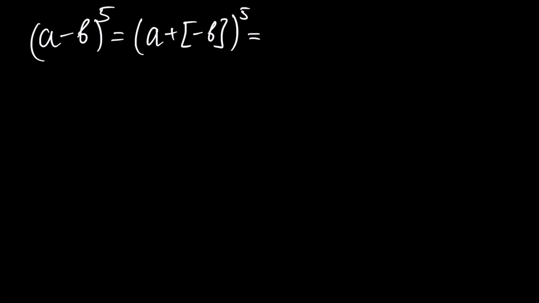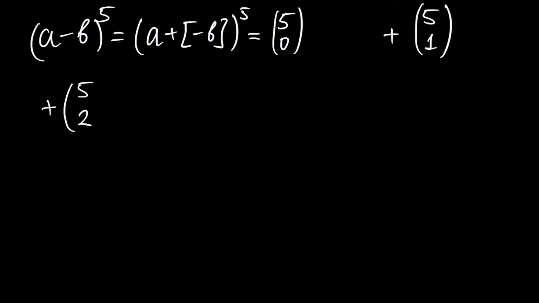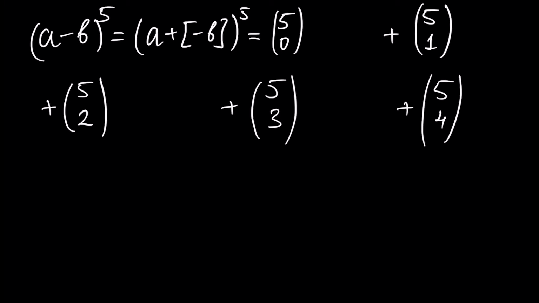First, let's write coefficients of our Khayyam Pascal triangle: 5 choose 0, plus 5 choose 1, plus 5 choose 2, plus 5 choose 3, plus 5 choose 4, and plus 5 choose 5.